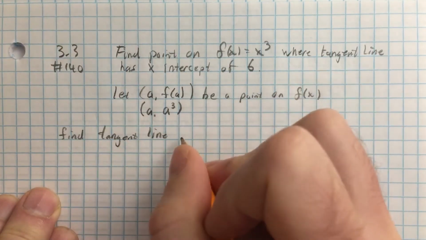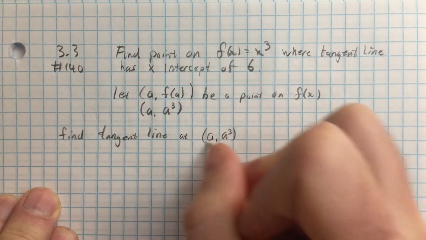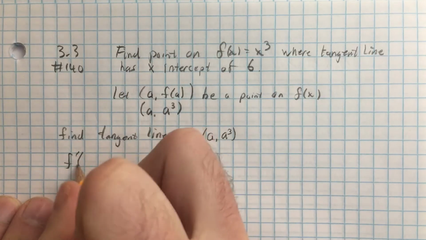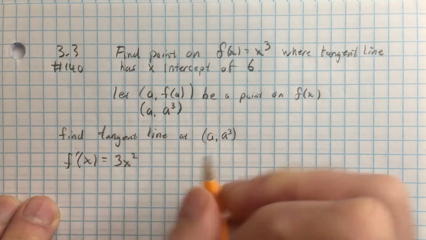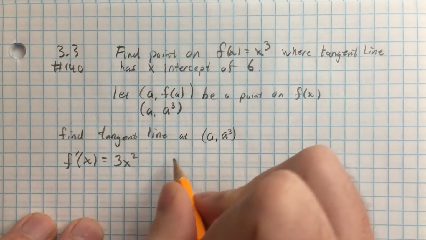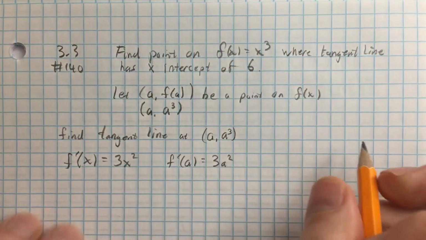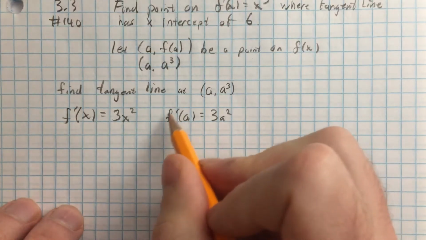Find the tangent line at a comma a cubed. So I need to take the derivative, get the slope of that tangent line. So f prime of x is, of course, by the power rule, 3x squared. And that means f prime at a is 3a squared. And so my derivative is the slope of my tangent line.